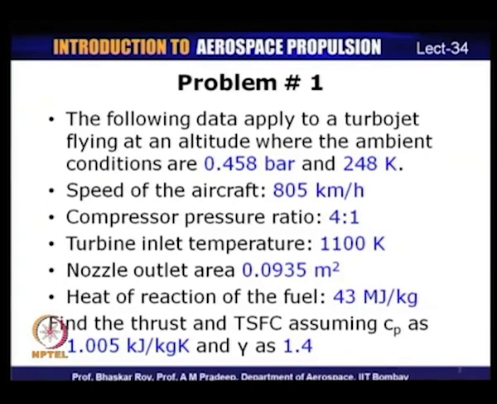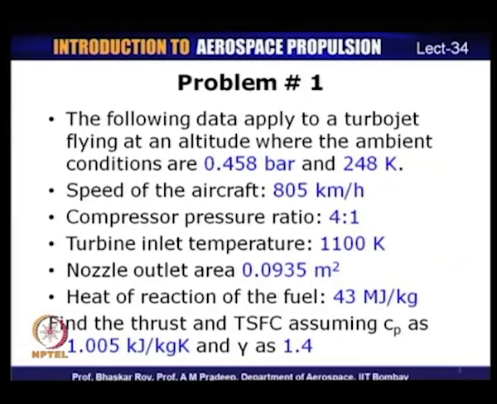Some of the data given to us, the compressor pressure ratio and the turbine inlet temperature, are design parameters of the engine. The ambient conditions are given as 0.458 bar and temperature of 248 Kelvin, and the flight speed is also given to us. Based on this we are required to find the thrust and fuel consumption for this particular turbojet cycle.